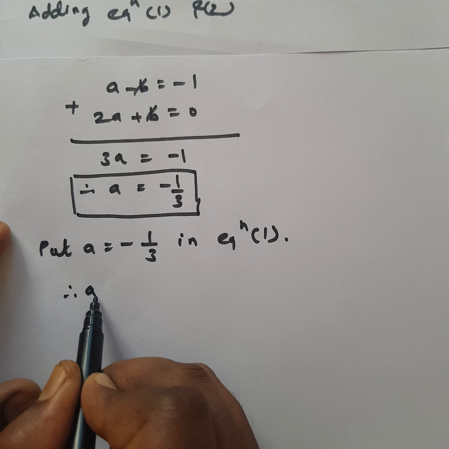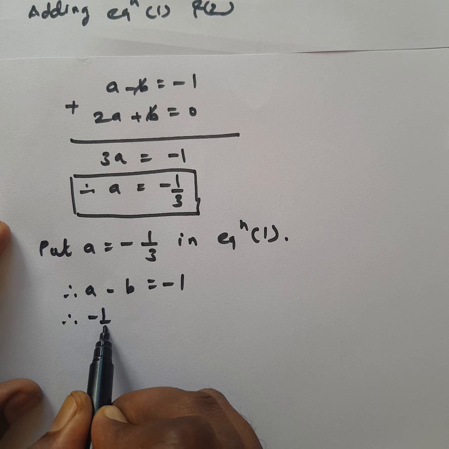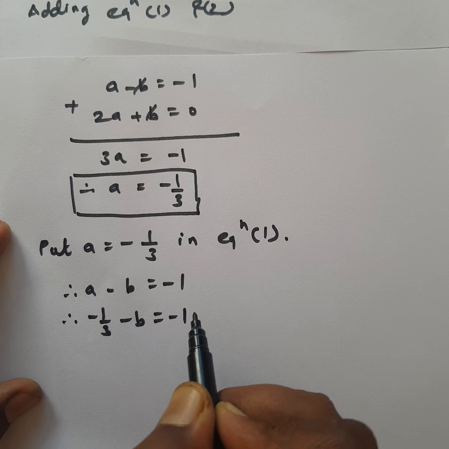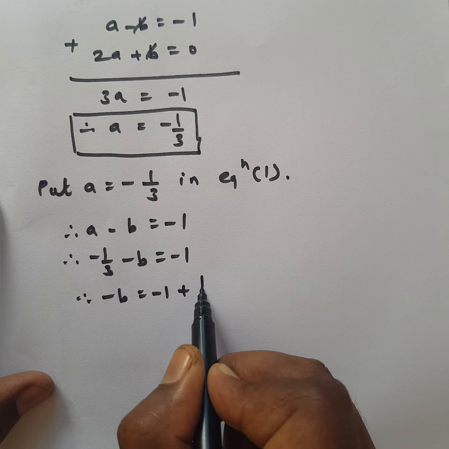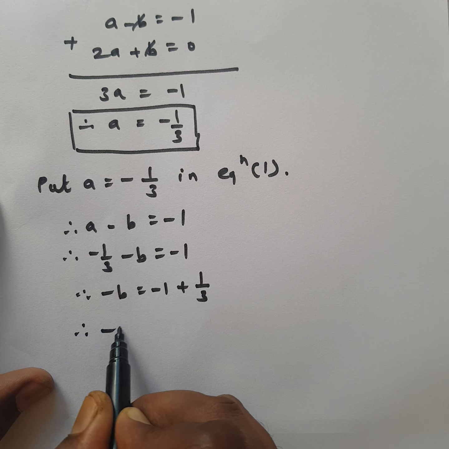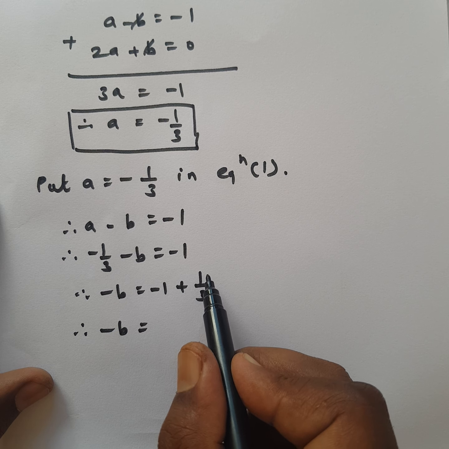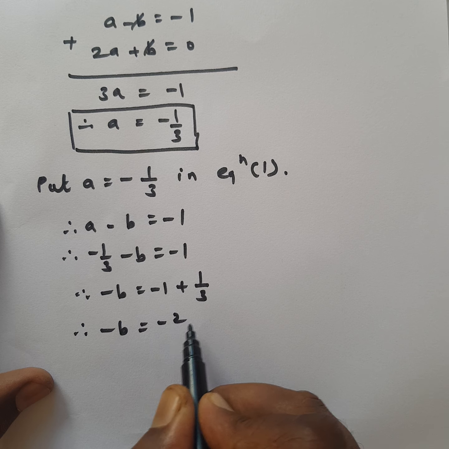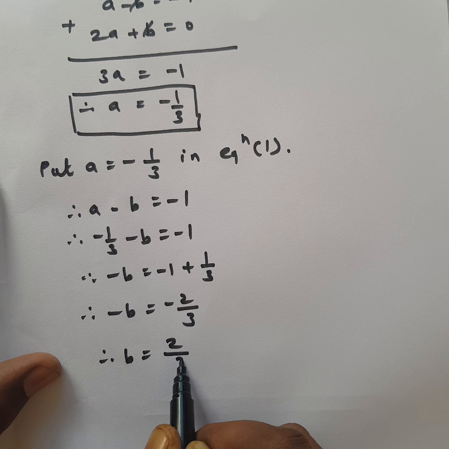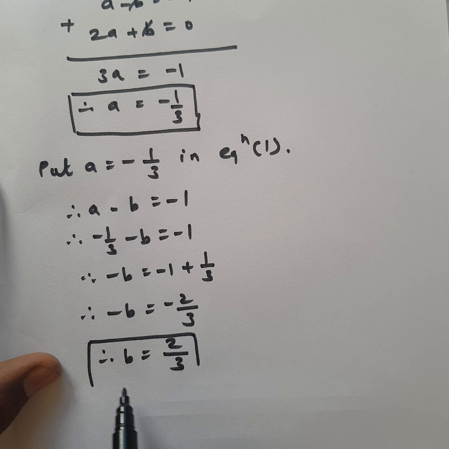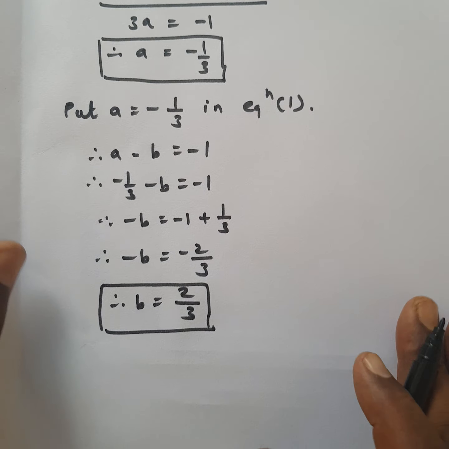Equation 1 is a minus b is equal to minus 1, therefore minus 1 upon 3 minus b is equal to minus 1, therefore minus b is equal to minus 1 plus 1 upon 3, therefore minus b is equal to, here 3 into minus 1 is minus 3 plus 1, minus 2 upon 3, therefore b is equal to 2 upon 3, the y coordinate of point P, that is circumcenter.